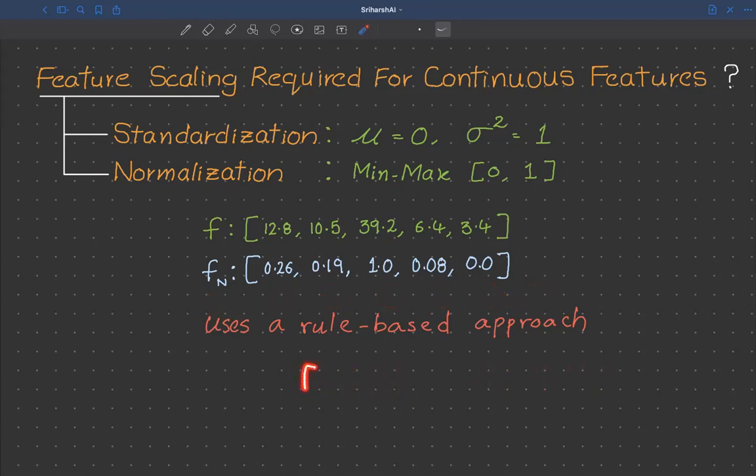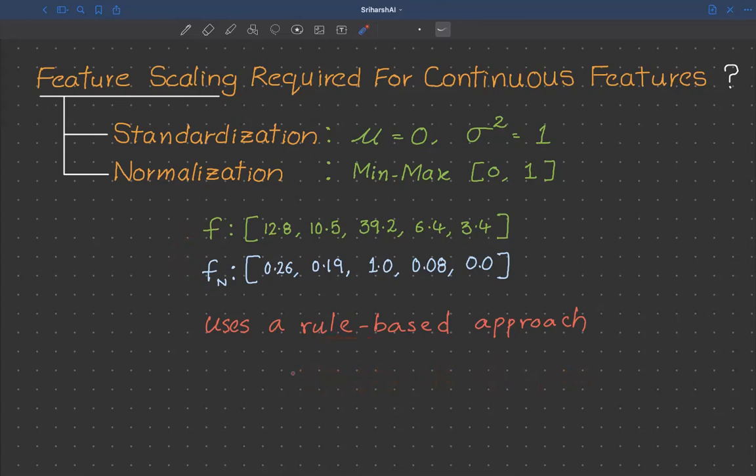So even if we change feature less than or equal to 3.4 to feature less than or equal to 0.0, the split is going to stay the same, and the impurity for these two splits will be the same, because we compute the impurity only on the target values, not on the feature values. So even if we make these kinds of transformations, it's of no use in the case of decision trees, because it uses a rule-based approach.